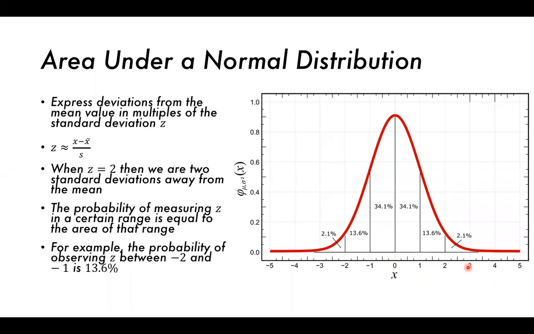For example, the probability of observing Z between -2 and -1 is 13.6%. It also happens to be 13.6% between 1 and 2. And this is related to the area under that curve in that segment, bounded by these multiples of the standard deviation.